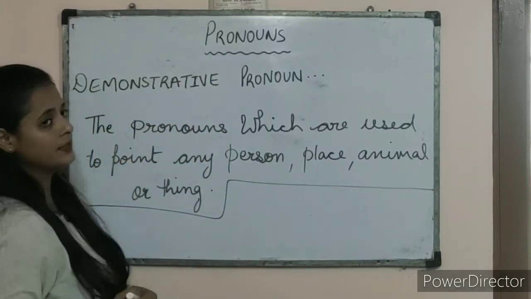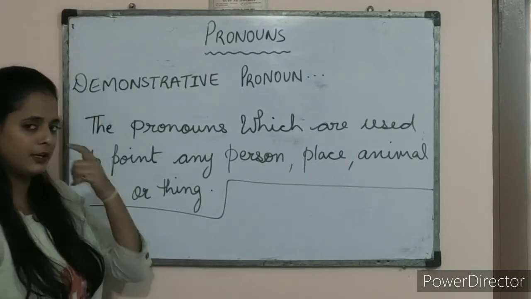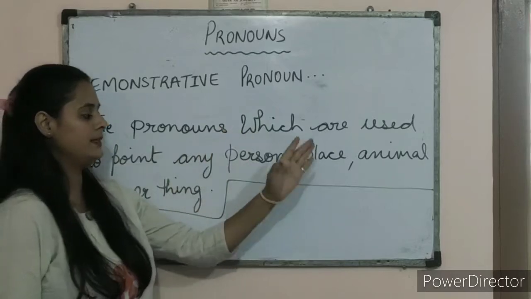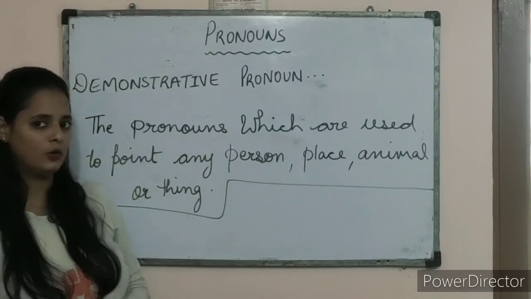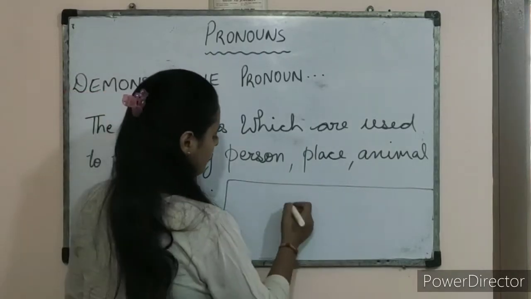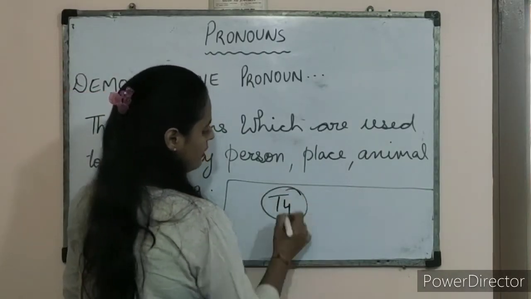So students, this is the definition of demonstrative pronoun. The pronouns which are used to point any person, place, animal or thing are called what? Are called demonstrative pronouns. Now coming back to that concept, that is T4.